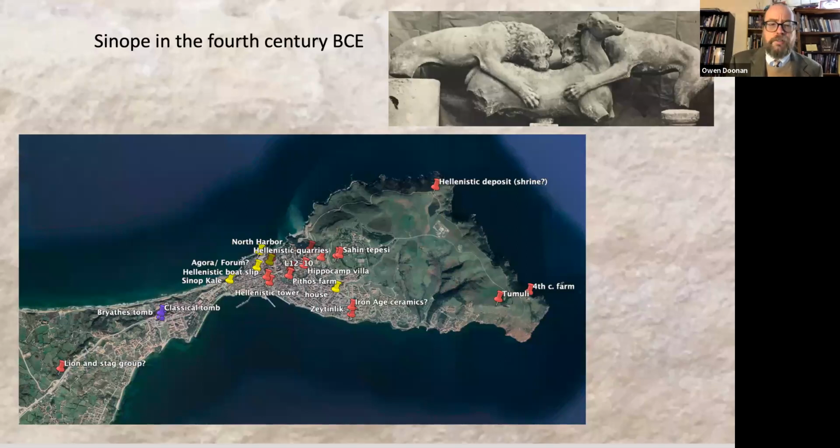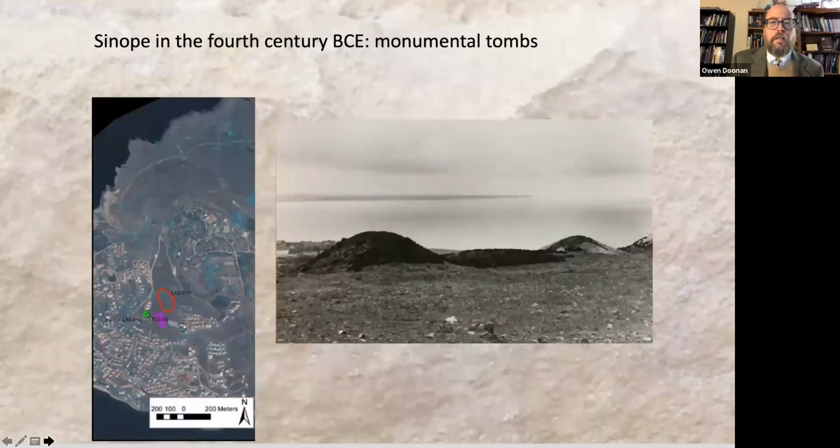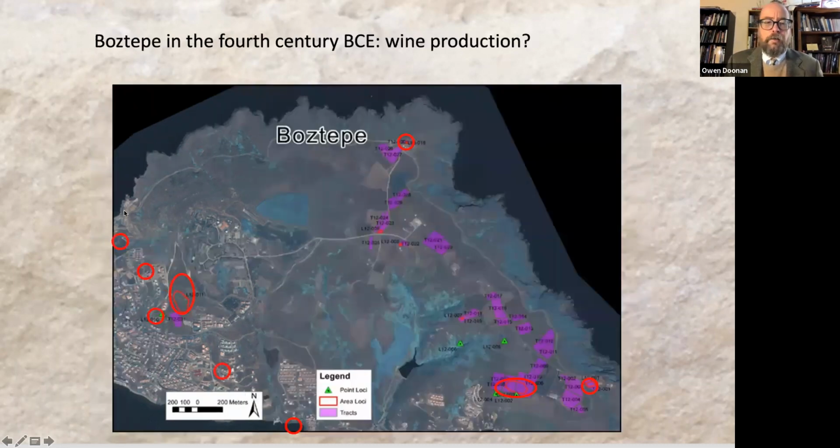So let's see. Okay, the city, beautiful. We have this series of tumuli overlooking the city from the east on the slopes, and also overlooking the harbor to the south. So we have these tumuli that are positioned in high visibility locations, again expressing the position of the emergent wealthy and powerful class here.